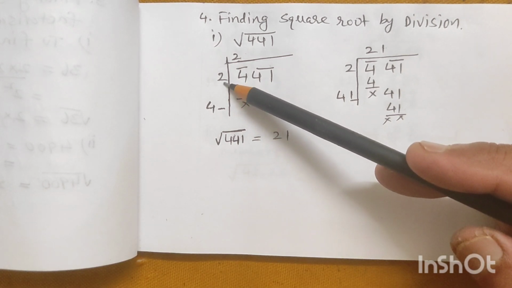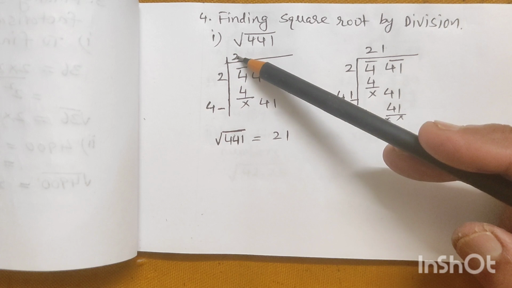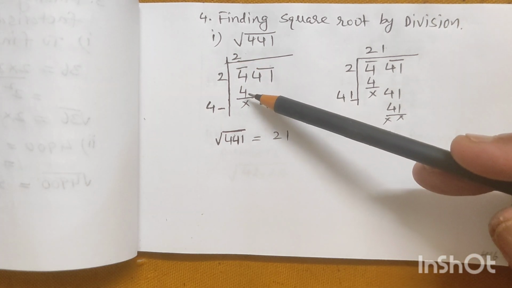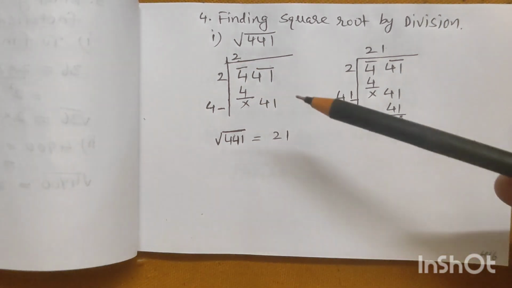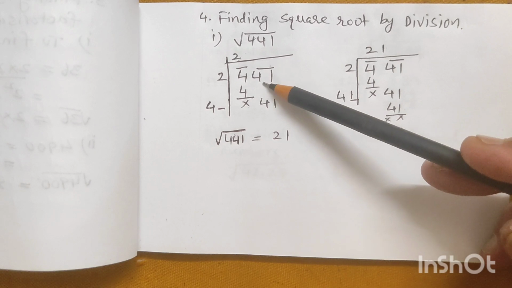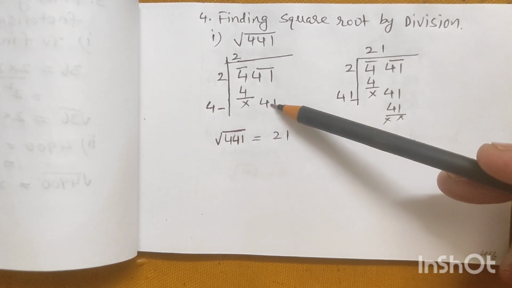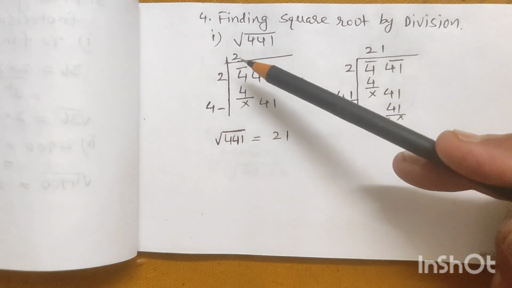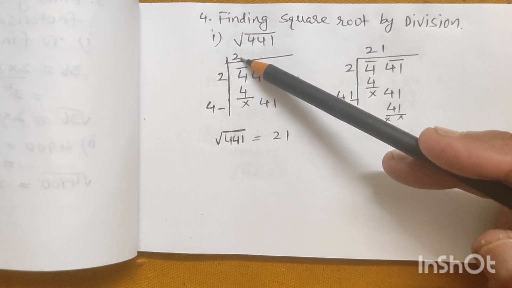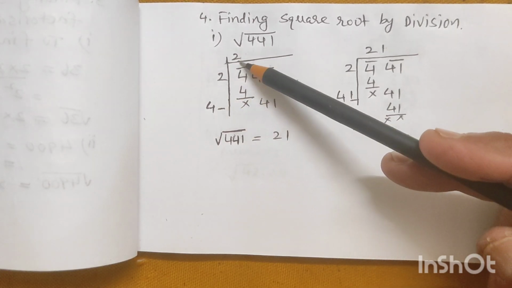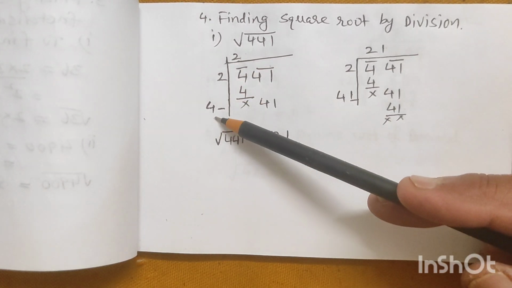So we take 2 here, square of 2 is 4, we write 4 here, subtract, then we take down this next bar 41. We double up the quotient. 2 double of 2 is 4. We write 4 here.